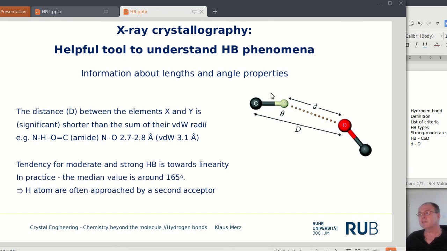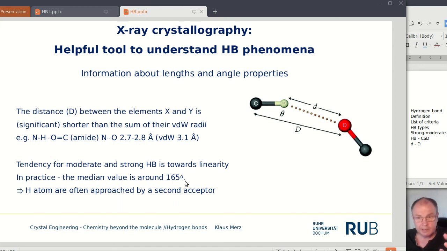And the second thing is the angle. I said it should be 180 degrees, but if you look at the crystal packing, the crystal structure, you will see that even in the case of a strong or moderate hydrogen bond, mostly the median is around 165 degrees.